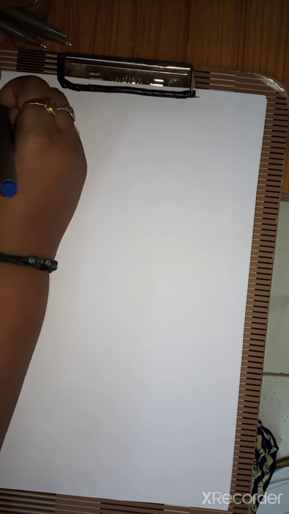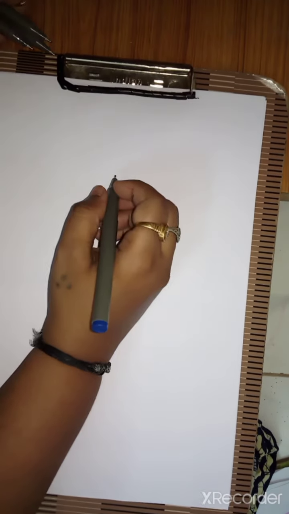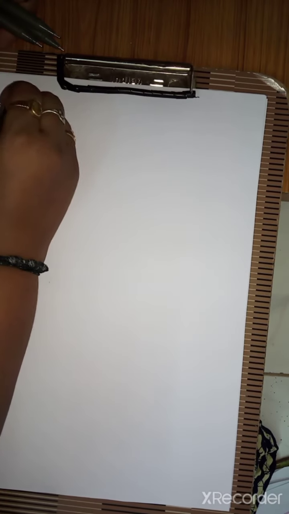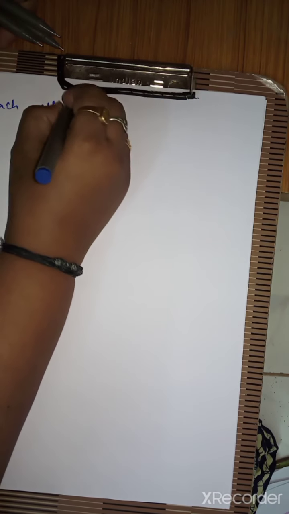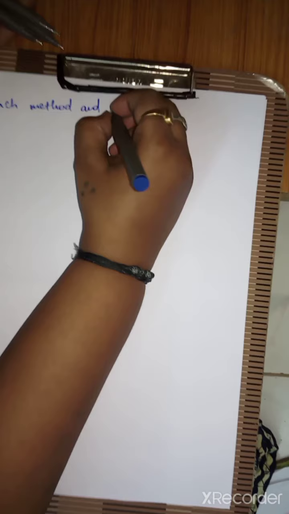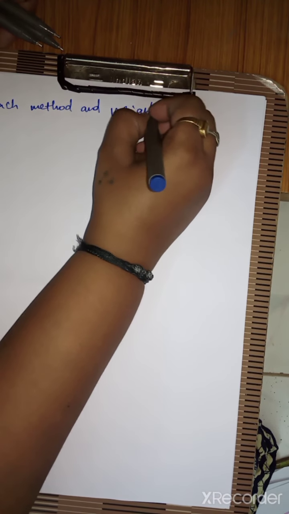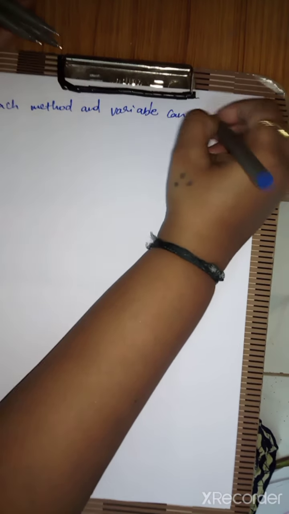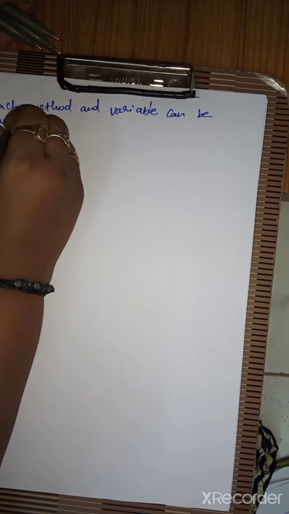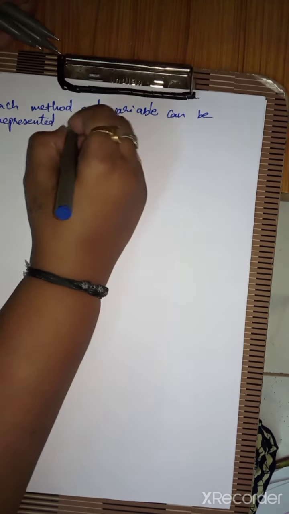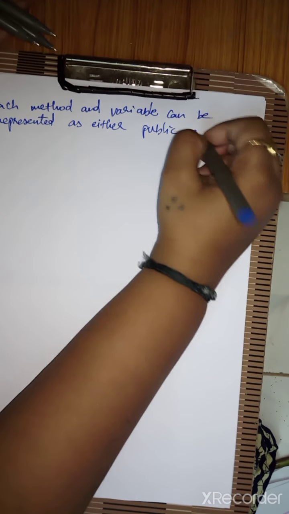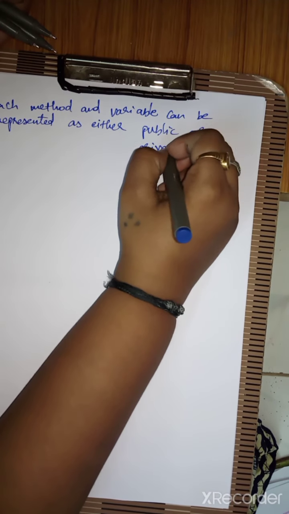In order to work with the complexity, each method and variable can be represented as either public or private.